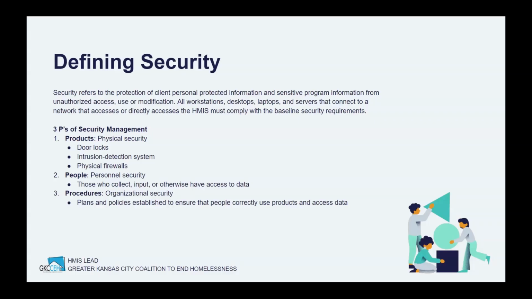The three P's of security management include products: physical security, door locks, intrusion detection system, and physical firewalls. People: personnel security, those who collect, input, or otherwise have access to data. And procedures: organizational security, plans and policies established to ensure that people correctly use products and access data.